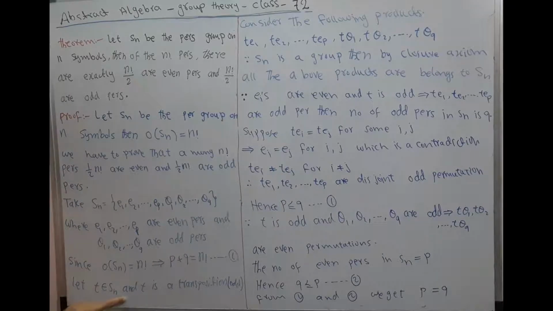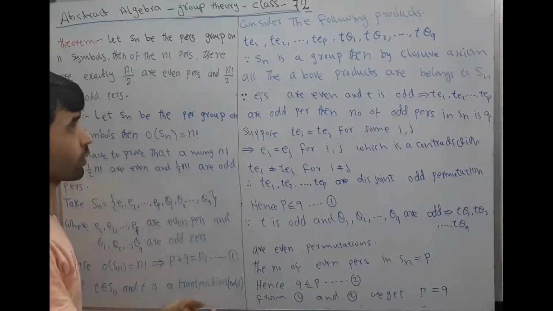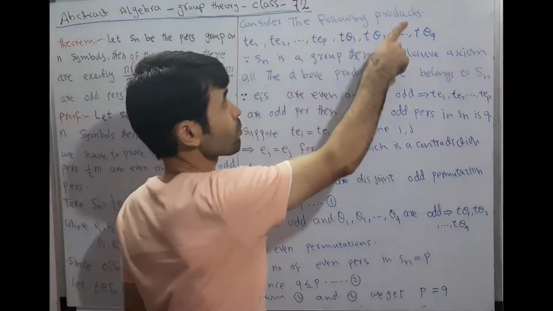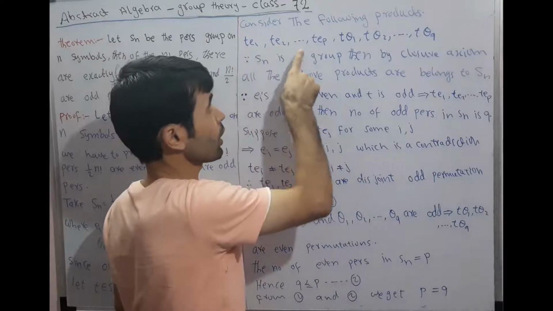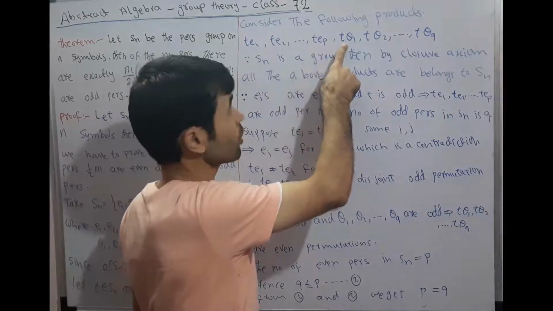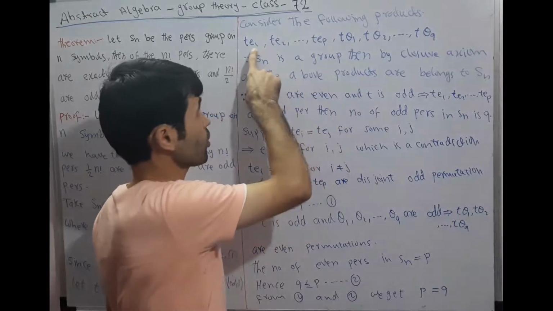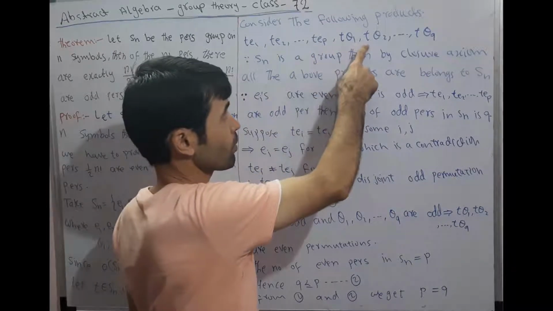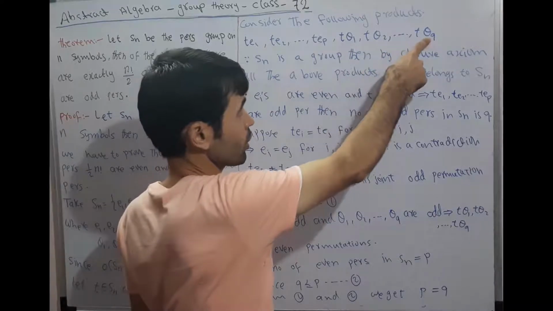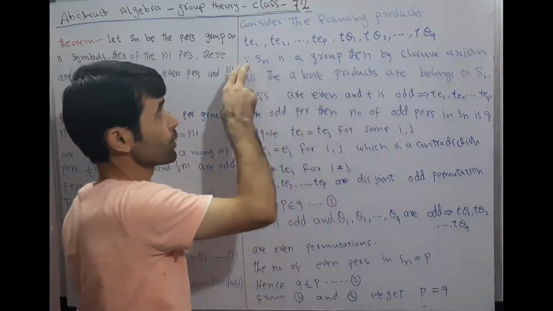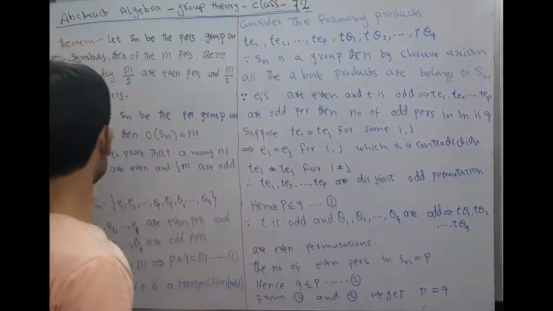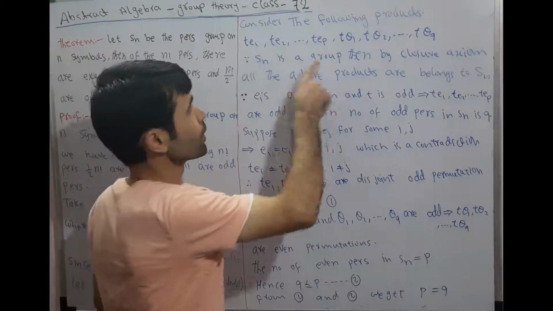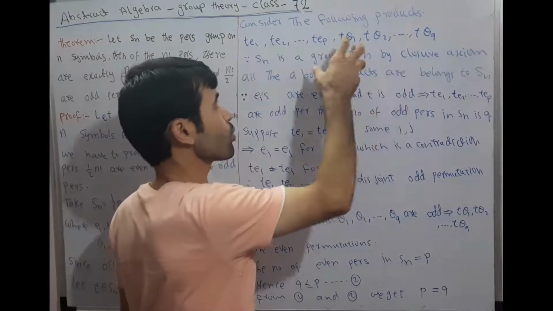Let t belong to Sn, where t is a transposition, an odd permutation. Consider the following products: T E1, T E2, and so on, T EP, comma, T theta 1, T theta 2, and so on, T theta Q. Since Sn is a permutation group, the closure axiom holds.